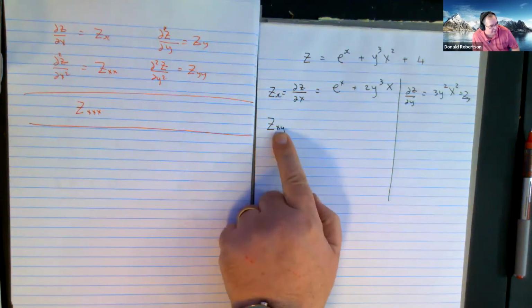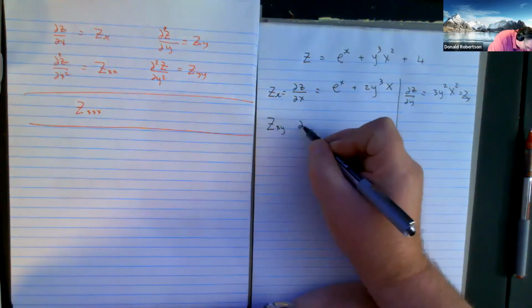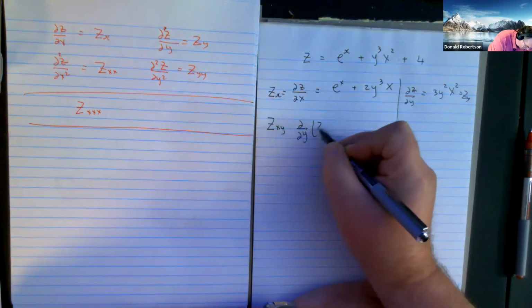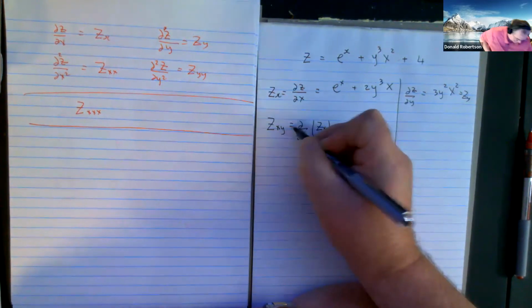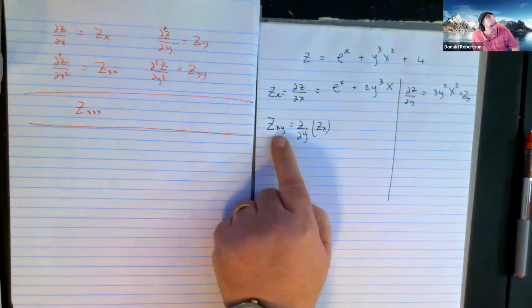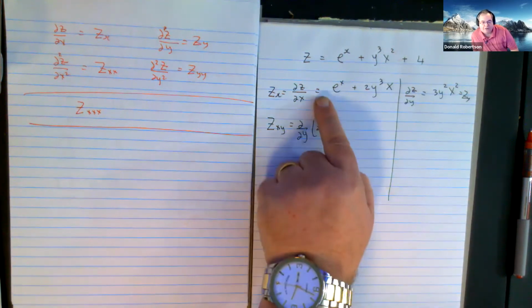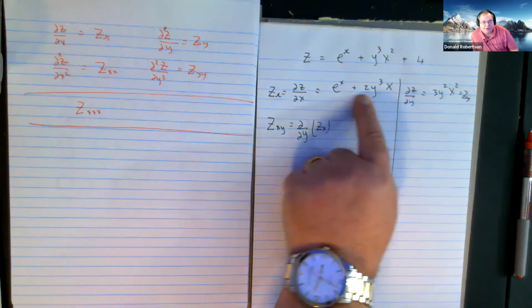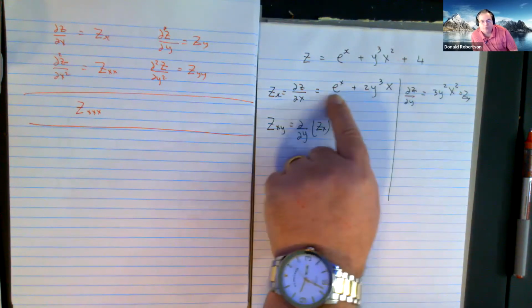What on earth does this mean? Well, it means I am going to find the partial derivative with respect to y of that guy. So here is the partial derivative with respect to x. I'm now going to find the partial derivative with respect to y.